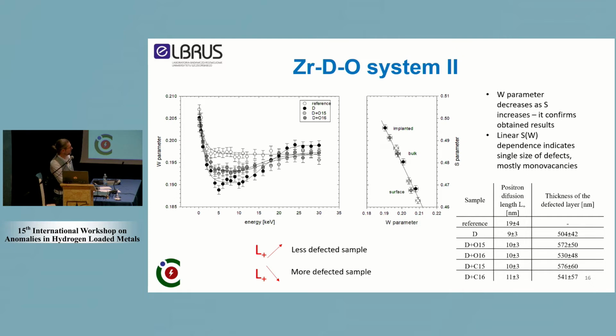We also have all the points localized at the same point and on the same axis. This is a sign that most of the defects that have been created in those curves are monovacancies because they are all of the same size.